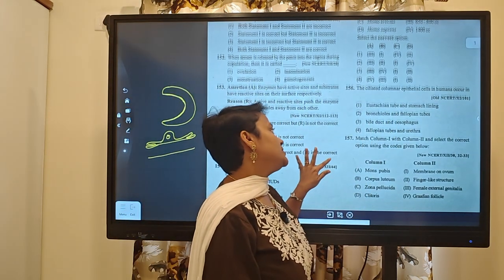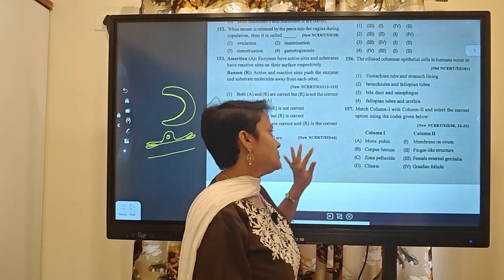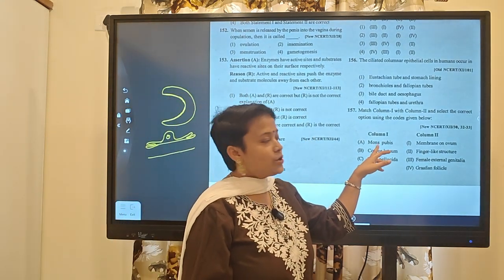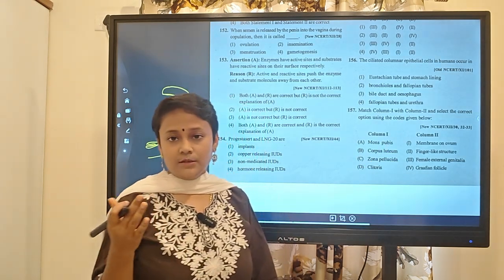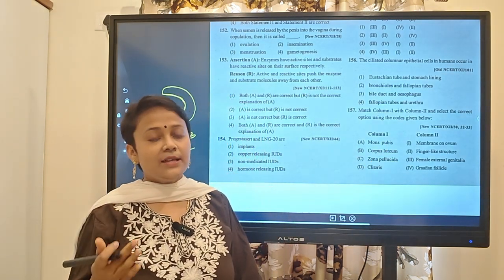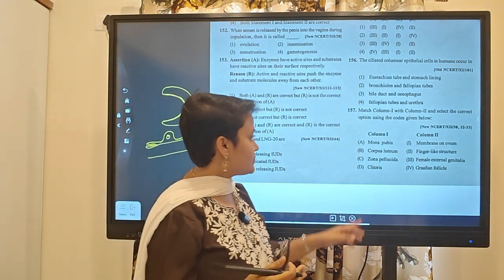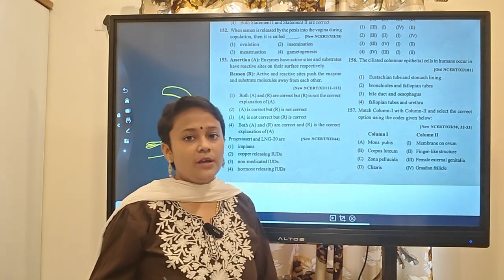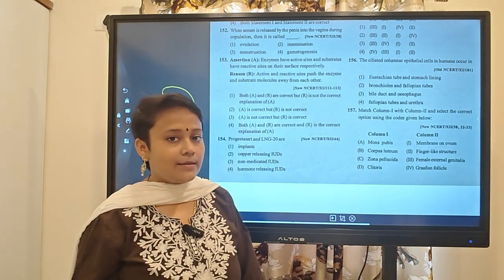Coming to 157, column matching. Now we know that mons pubis will come in female external genitalia, right? Clitoris will also come into the female external genitalia, right?